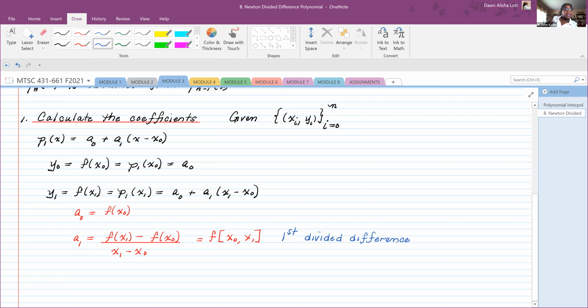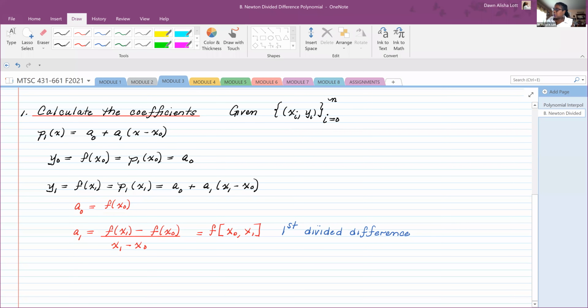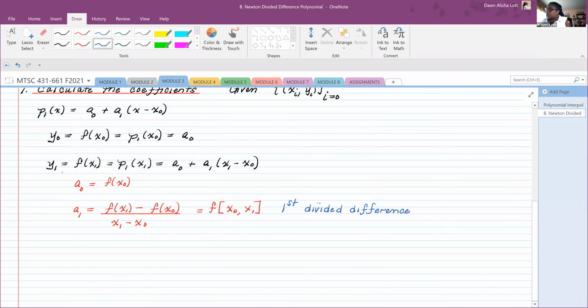How did we get that? If you just solve for A1, you get A1 is equal to Y1 minus A0, but Y1 is F of X1 and A0 is F of X0.